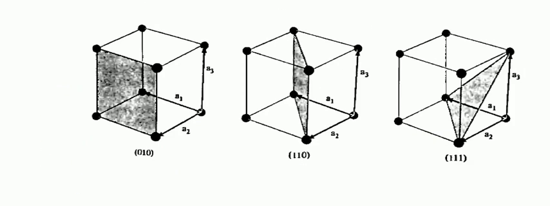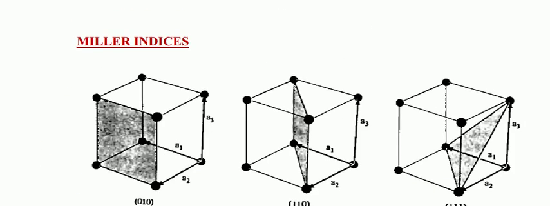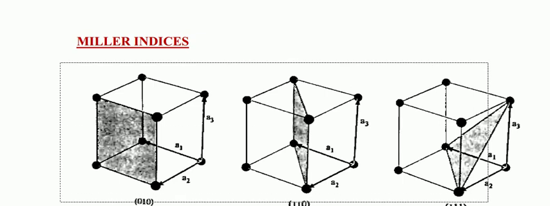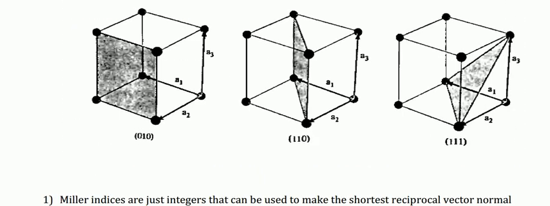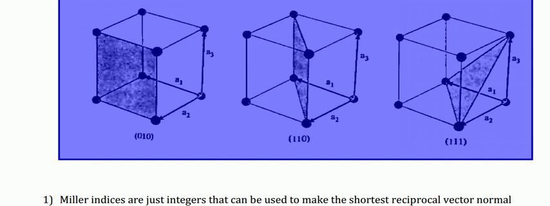So Miller indices are actually indices or the numbers given to a plane. They are like the fingerprint of the plane. So every plane has its own Miller indices. Okay, so Miller indices actually differentiate different types of planes. So let us calculate Miller indices for these three cases, and then we can move on to understanding some complicated cases.